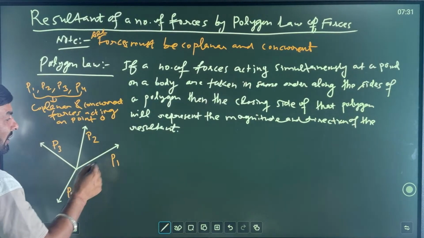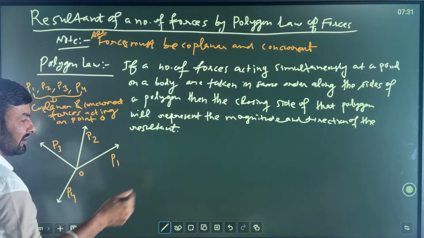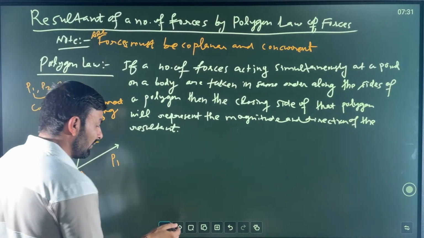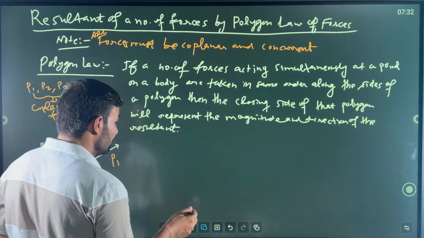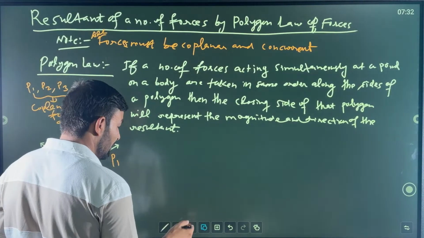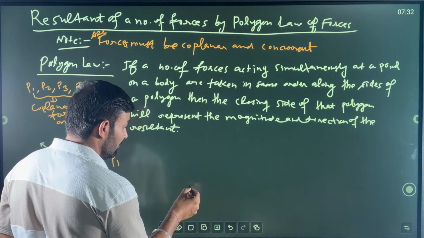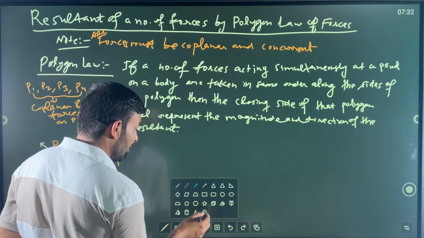सो नाउ गिवन तो एक पोलिगन की एक साइड से रिप्रेजेंट करते हैं, लेट अस सपोज. So be careful, my dear friends. Now I am going to take this P1. Okay, my dear friends. So what is next?